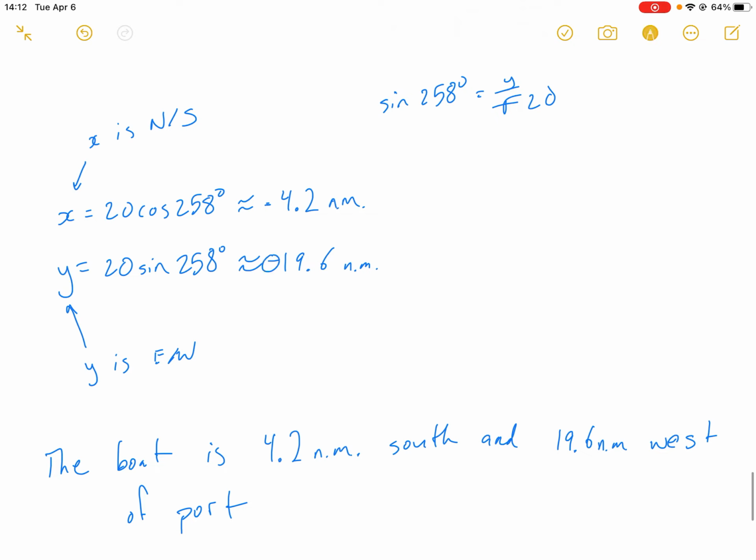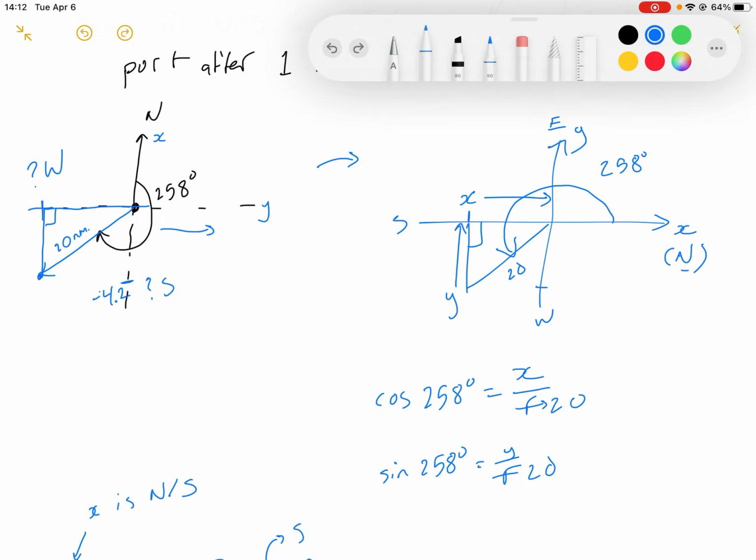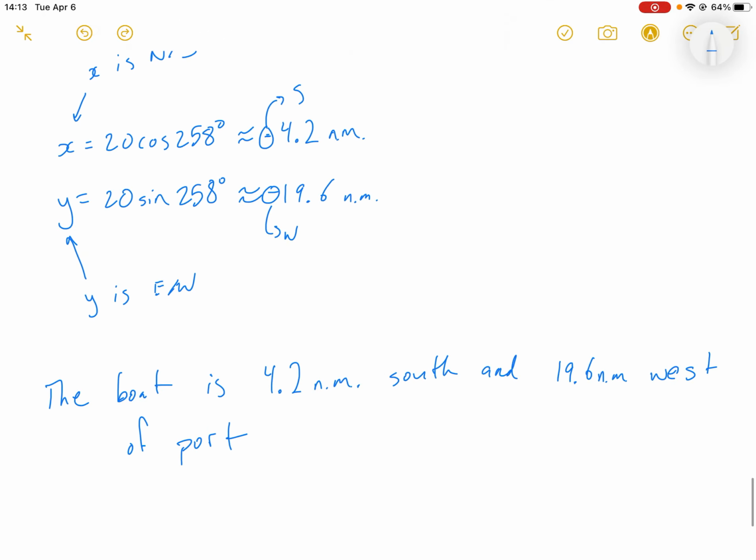So once again, these negatives represent, in this case, this was west and then this one was south. If we had gotten positives, we'd actually be on this side of things, but the negatives tell us which direction we're going. And that's the extent to which we will do bearing problems so far.